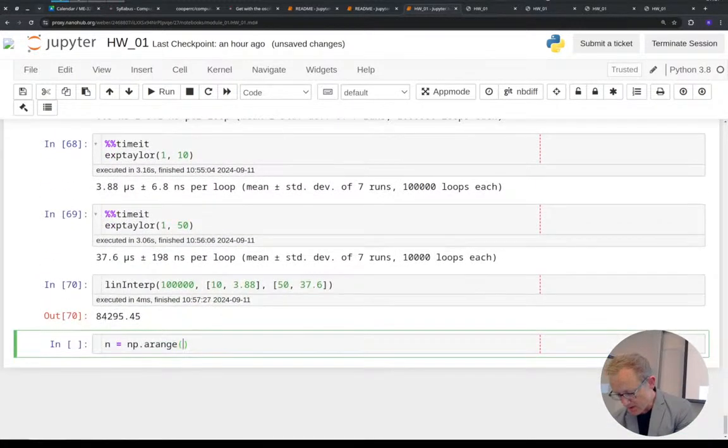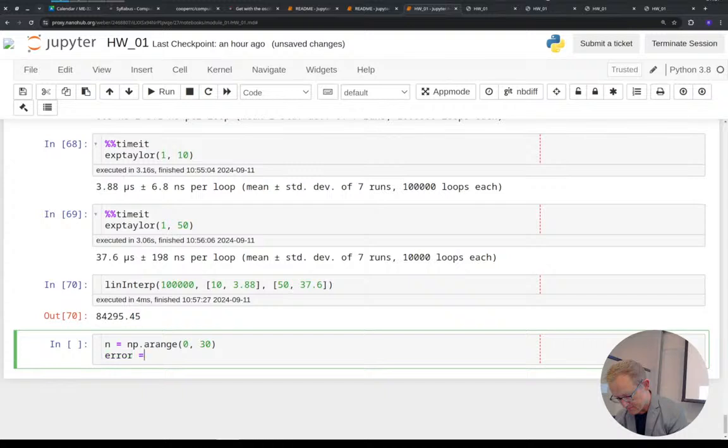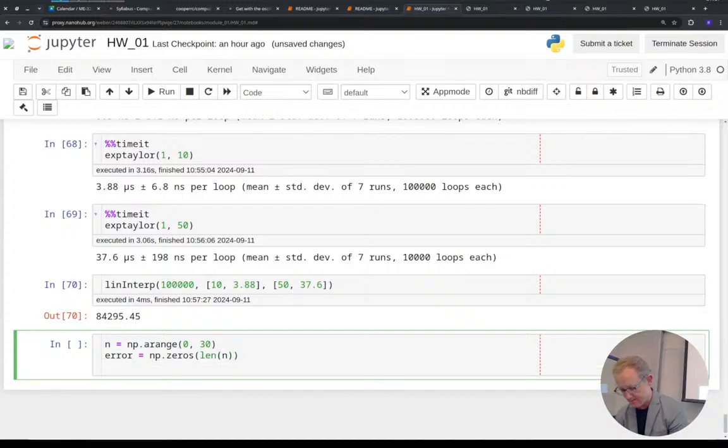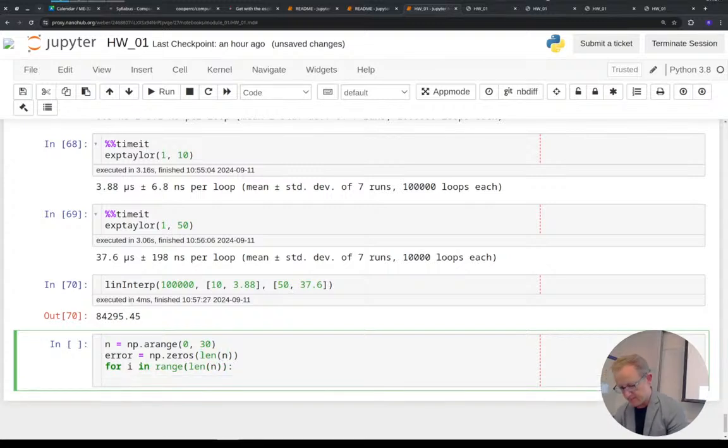So I want to change n, start at 0, go all the way to, let's say, 30. My error, I'll just say that it's a whole bunch of zeros that matches the length of n. Go from 0 to length of n, so as many values of n as I have. I'm going to create an error for that.